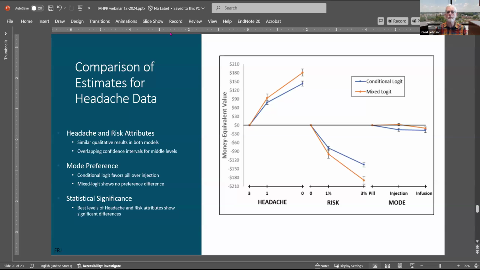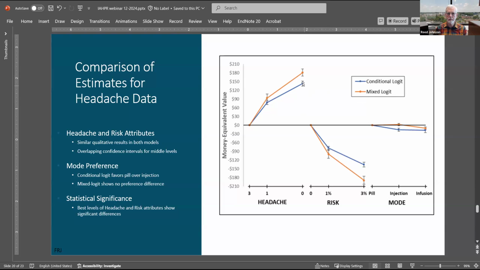But look what happens when we take into account unobserved taste heterogeneity, as we call it. When we take into account the possibility that people don't all have exactly the same preferences, we get significantly different willingness to pay values.